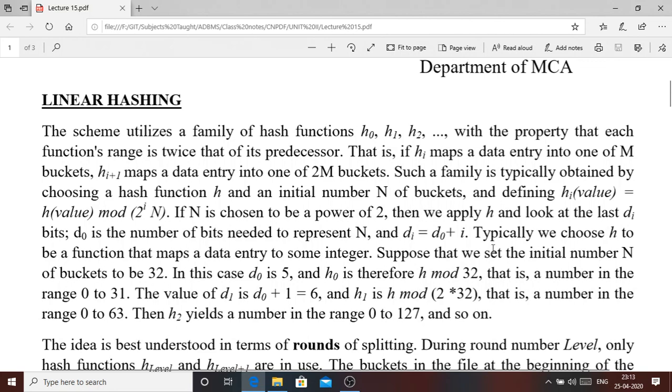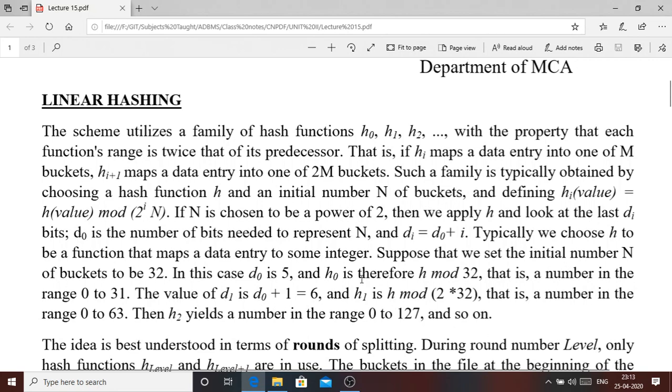Suppose the number n, that is the number of buckets, is 32. Then d0 can be the number of bits needed to represent uniquely each of these 32 values, which is given by 5 bits, right? 2 to the power 5 is 32.